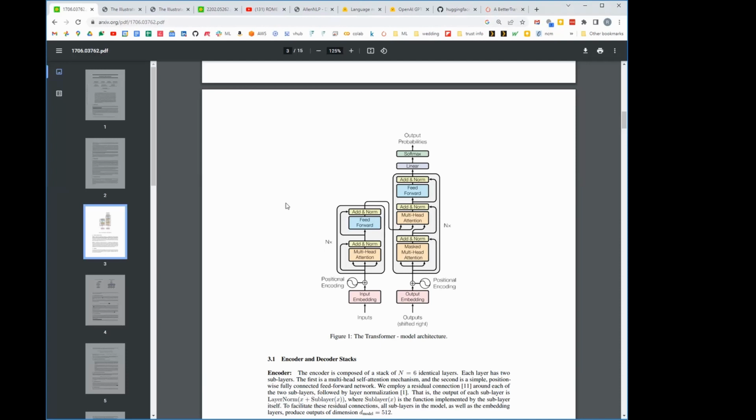If everybody remembers, this is from the original Attention Is All You Need paper, and shows the encoder and decoder blocks. Each one is over-compressed into these little gray rectangles, but it actually represents a stack of those. You would have a multi-headed attention, a feed-forward network, and then the output feeds into another multi-headed attention, another feed-forward, and repeats multiple layers deep.